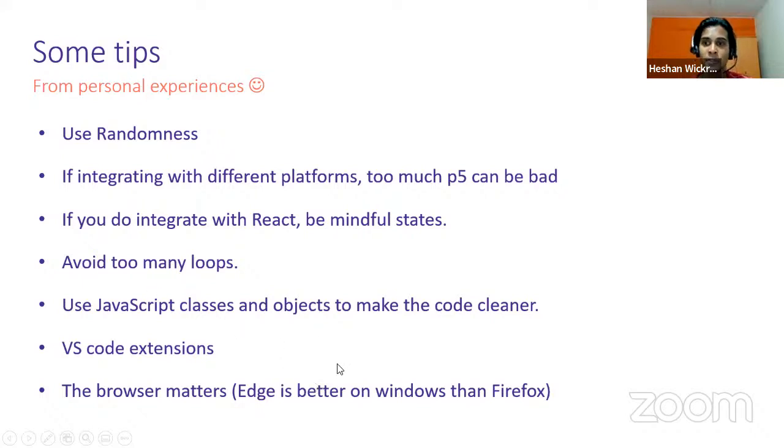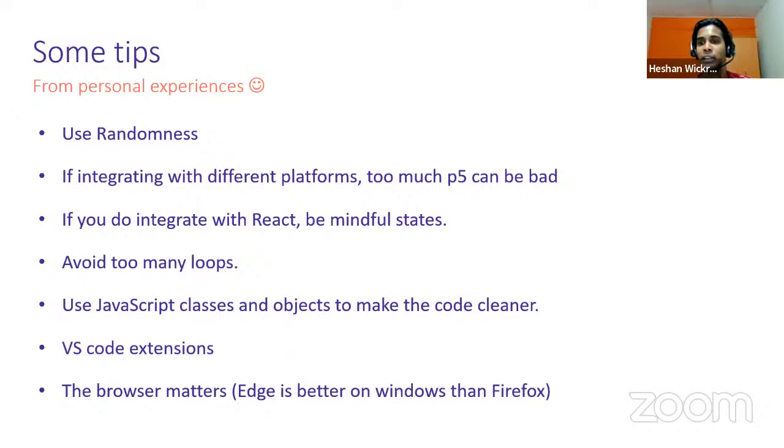Avoid too many loops. When you create a P5 project, try not to have a lot of loops. And if you have different functions that you need to do inside loops, just try to use the loops that you already have. And if you're nesting them, try to keep it to just two loops, like just one loop nested inside another.